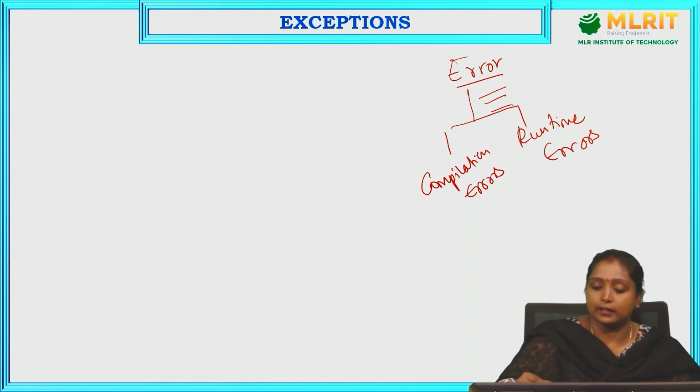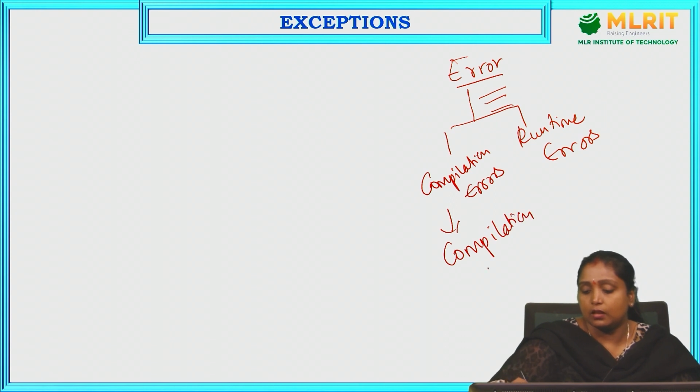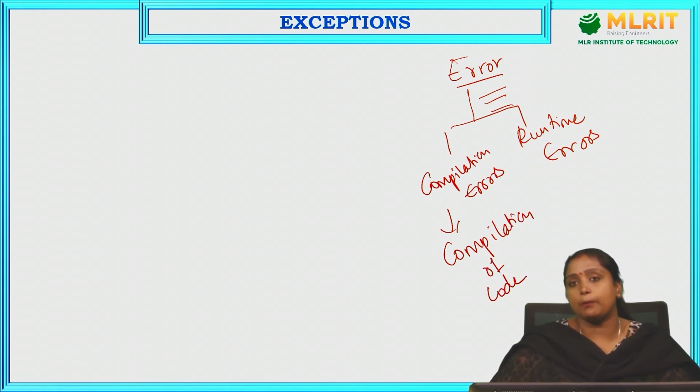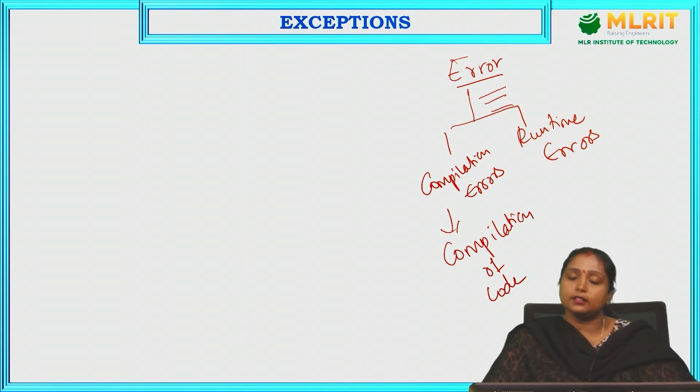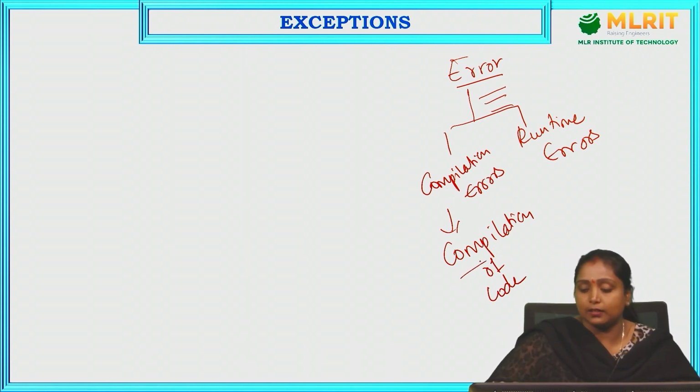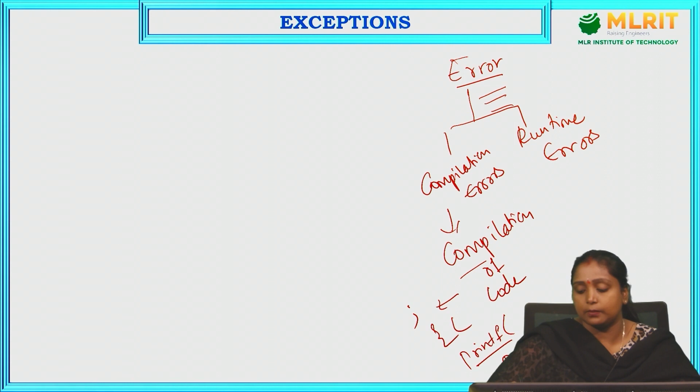Compilation errors are the errors that occur at the time of compilation of the code. Why do you get compilation errors? If you miss a semicolon or a parenthesis, or if you write print instead of println, or if you miss a double quotation somewhere.